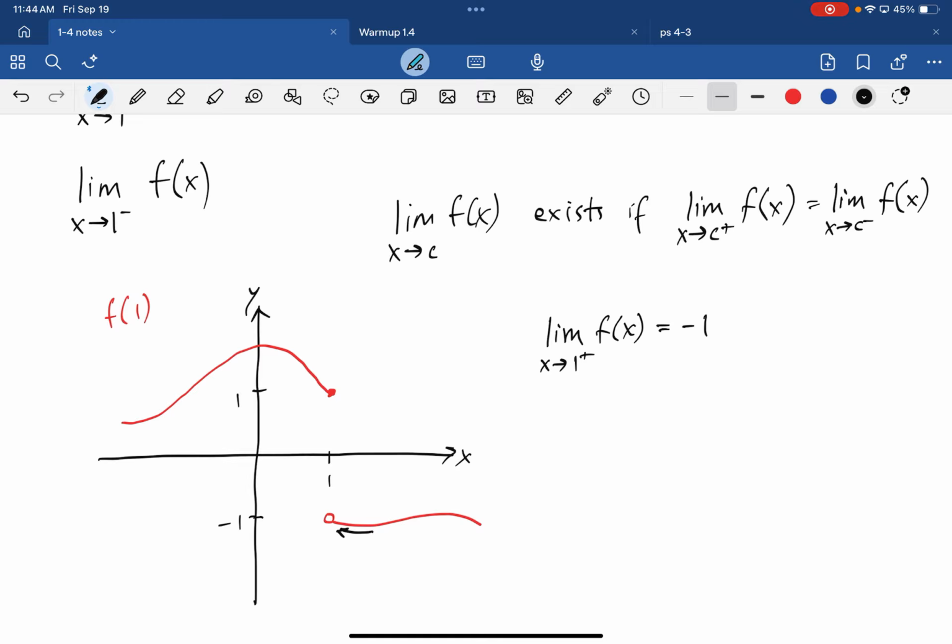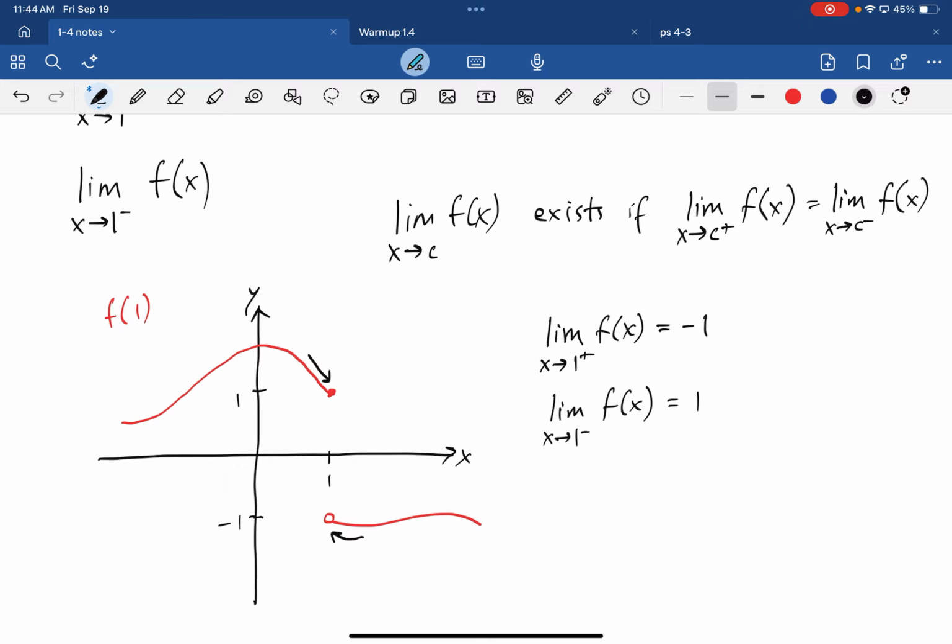Because as we approach x equals 1 from the right side, the y value is approaching negative 1. On the other hand, the limit as we approach 1 from the left side is actually positive 1, right? Because as we go from the left side, it's positive 1.